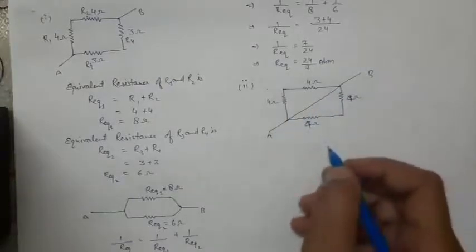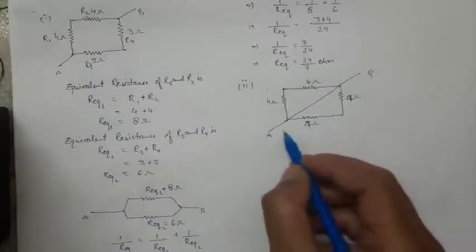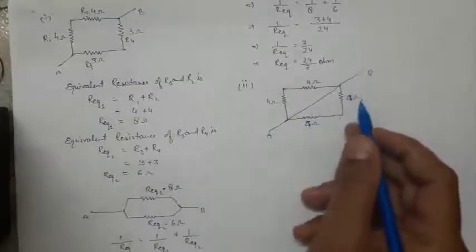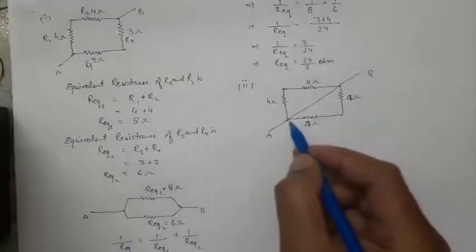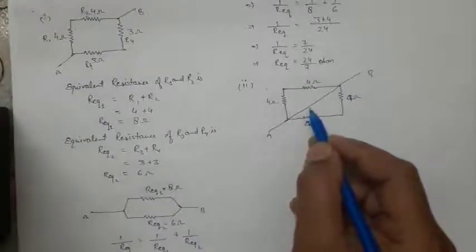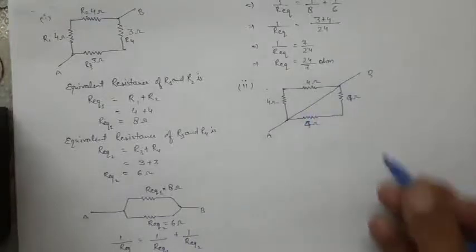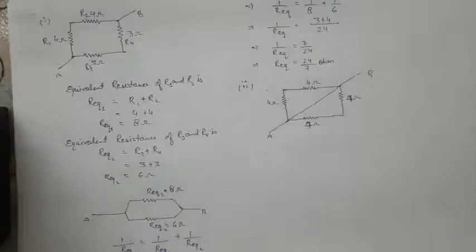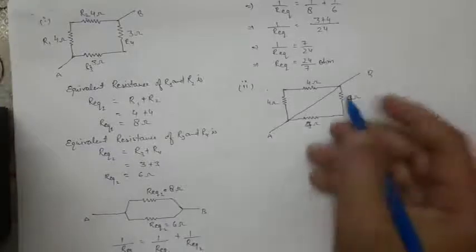If we calculate the equivalent resistance between A and B, here is a path where there is no resistance present, meaning there is no hindrance to the flow of current. So the maximum current, or the complete current, flows through this path.